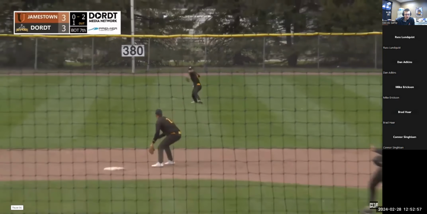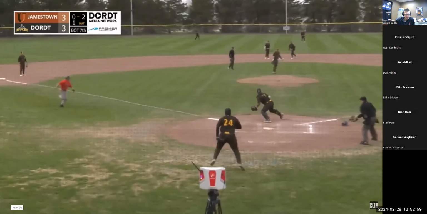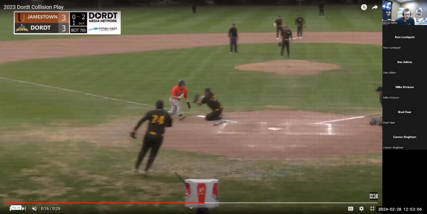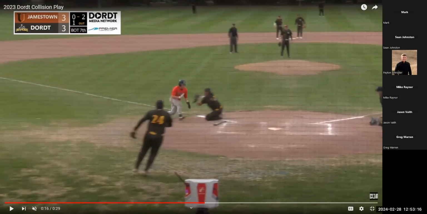Well, he started lowering his shoulder about two steps before the contact, but doesn't the catcher initiate the contact technically? Because the catcher, he's got the baseball.